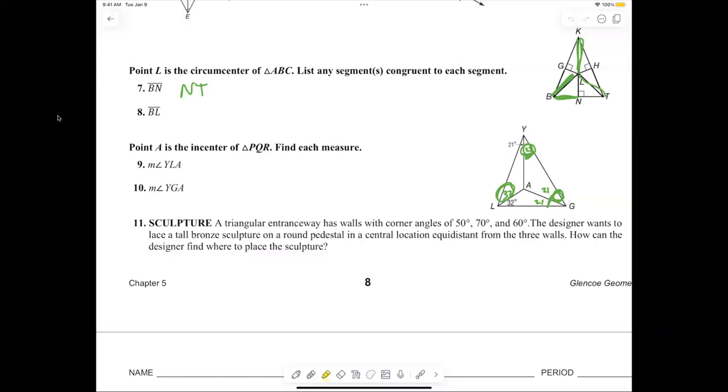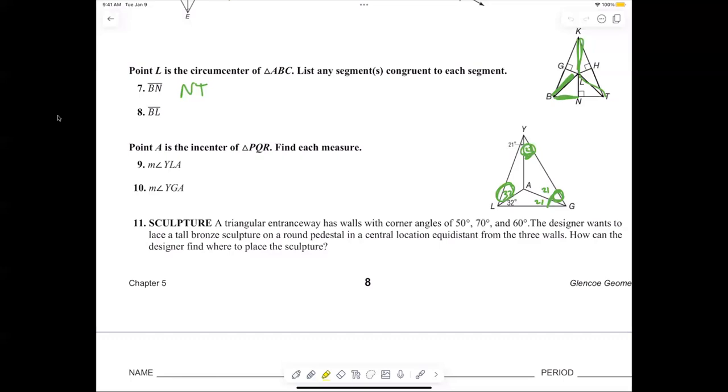The incenter is the three angle bisectors. The points on the angle bisector are equidistant from the sides. So that's how it was easy for me to remember all of this. Points on the angle bisector are equidistant from the sides.